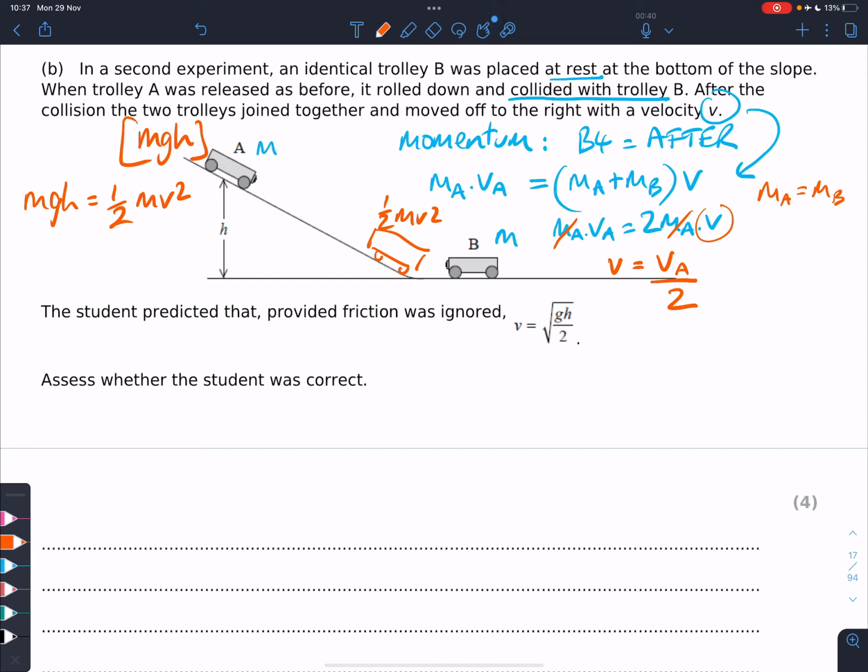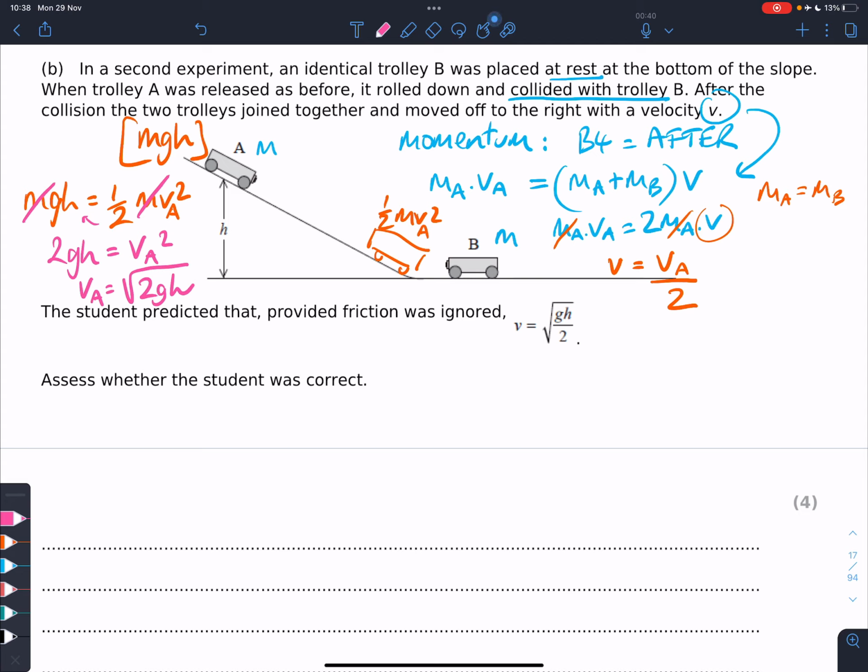It's the same m, and this velocity is the velocity of A, to distinguish it from the velocity after they join. We're going to cancel the masses, rearrange this equation, and move that 2 up there. So we've got 2gh is equal to VA squared, or bringing it around the other way, VA is equal to the square root of 2gh.